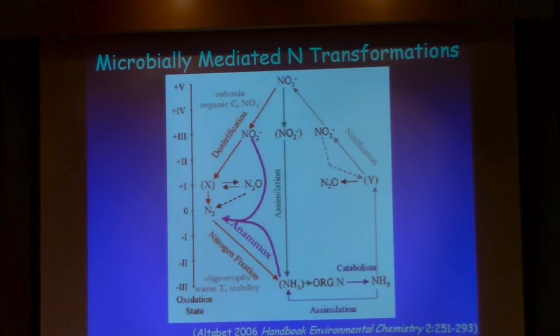Now, earlier last week, Jed showed you this scary diagram on nitrogen, oxidation state, and the different forms of nitrogen and the different reactions that occur. Just starting here with nitrate, it can be assimilated via nitrite to ammonia into organic nitrogen. Catabolism releases that, and then through nitrification, it returns that back to nitrate. Nitrate can also be denitrified, nitrite to N2 gas. There can be some nitrous oxide leaking out of that, and then there's N2 fixation.